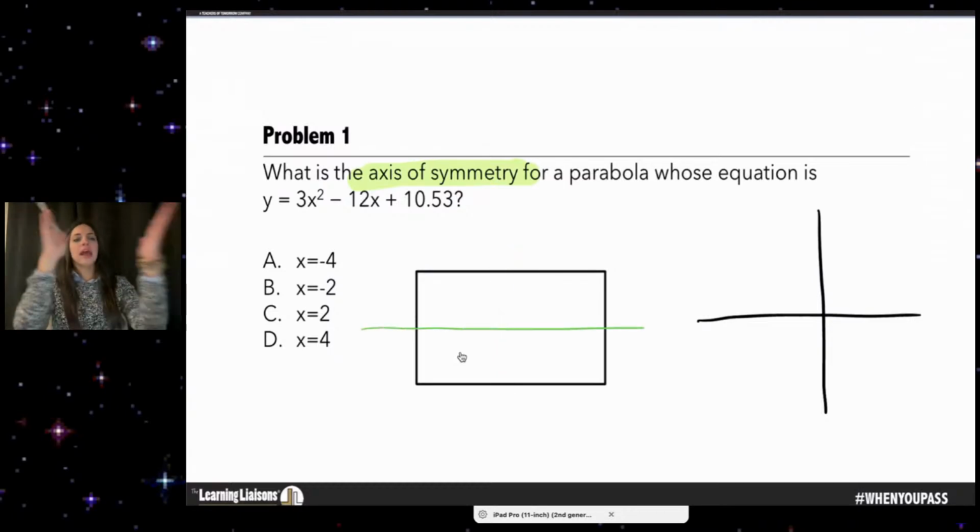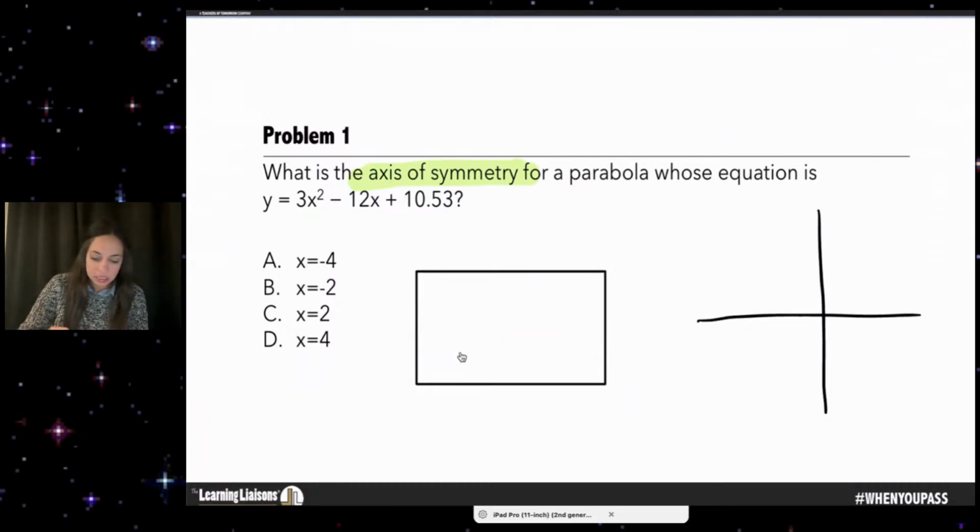If I fold it in half, it's going to meet exactly. A rectangle does not have diagonal symmetry because when you fold it, those corners end up jaggedy, but a square does have diagonal symmetry. So when we talk about symmetry, we're looking for a line that cuts that shape or that object exactly in half.